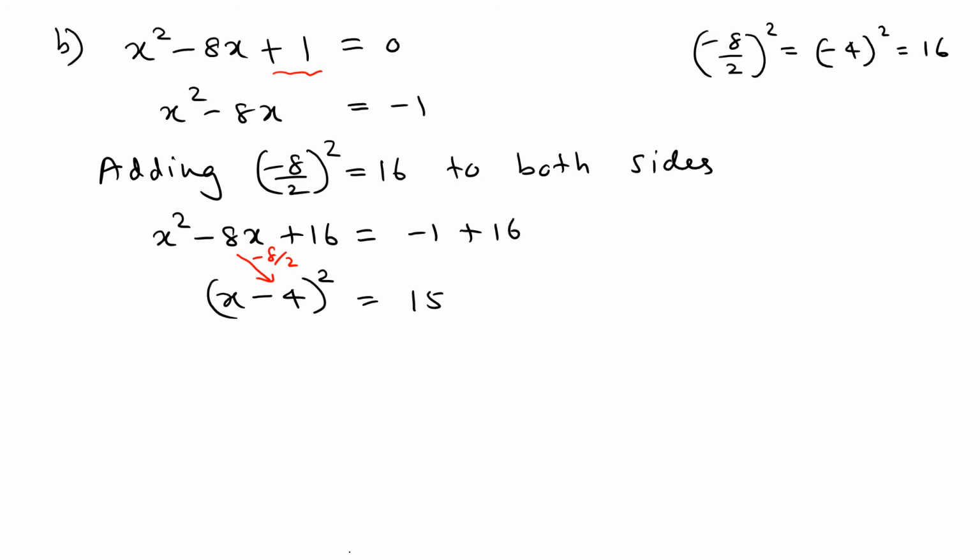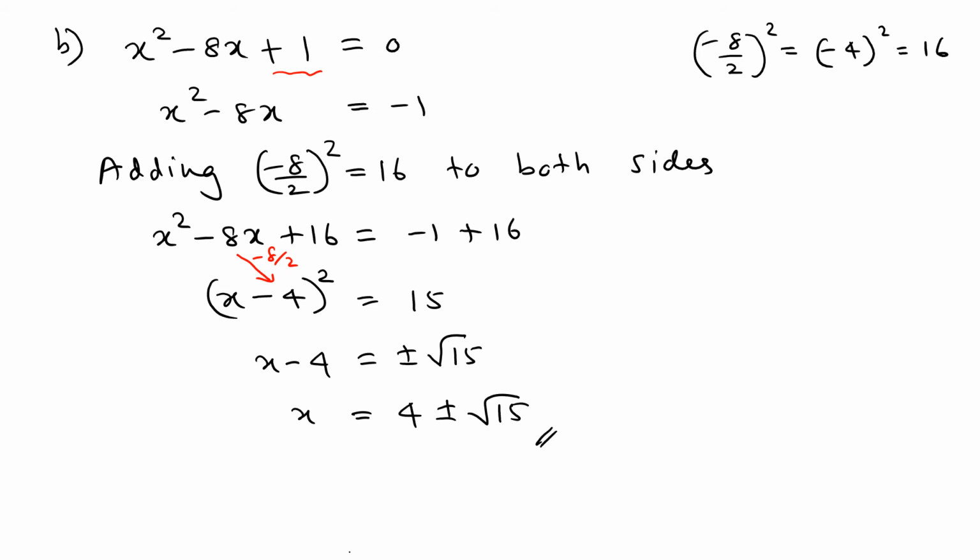When you take the square root of both sides, you can see x minus 4 equals plus or minus square root 15. And then we add 4 to both sides. When you add 4 to both sides, you can see 4 plus or minus square root 15. And you can see square root 15 you can't simplify. So that is the final answer for this problem.